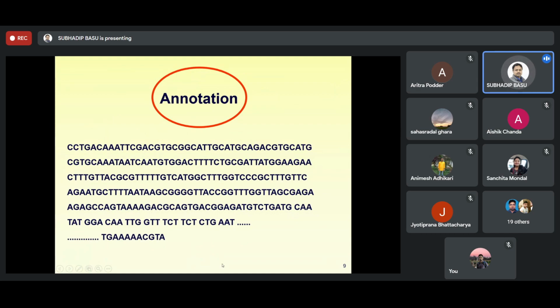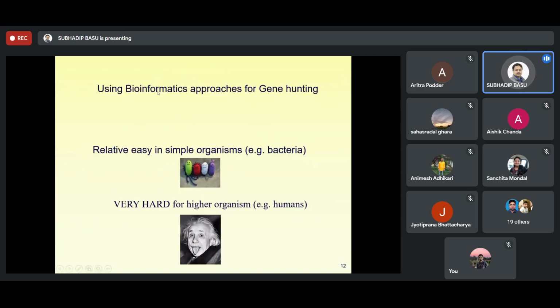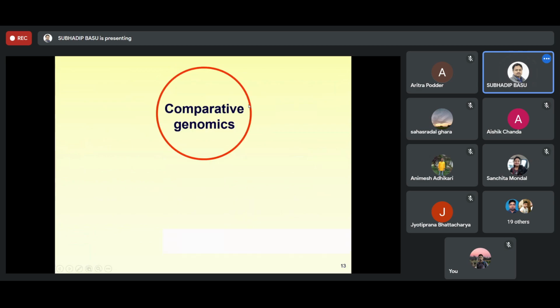From a sequence like this, you can find a sequence which is responsible for a gene. From the annotation, you can apply some gene finding algorithm, and you can mark, okay, this is a candidate for a gene. You can mark that. So you can use bioinformatics for gene hunting.